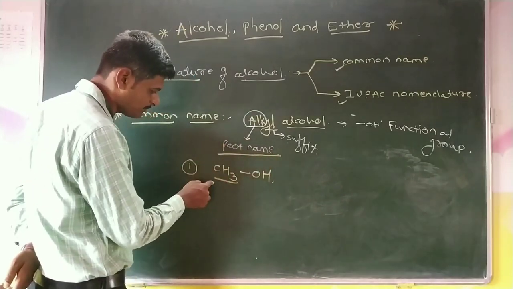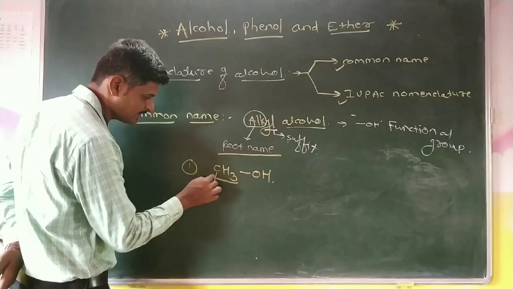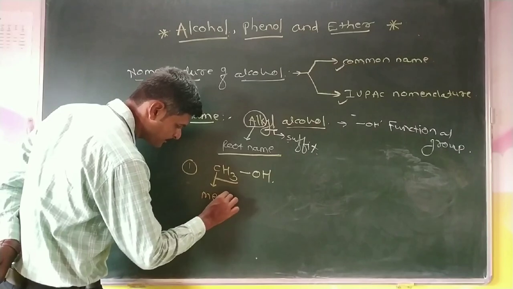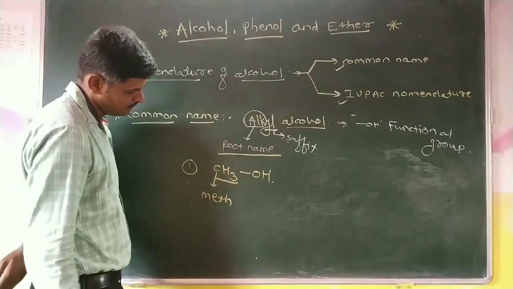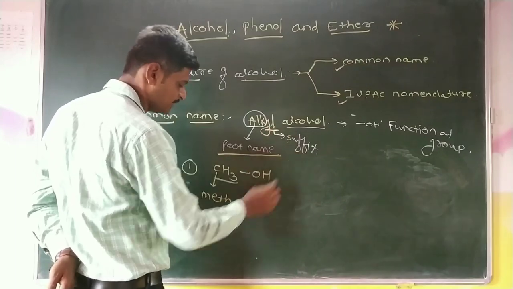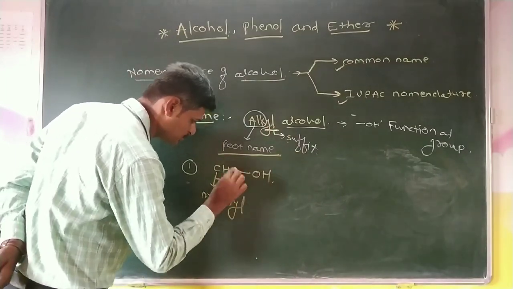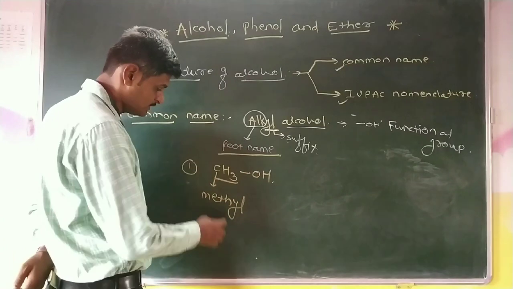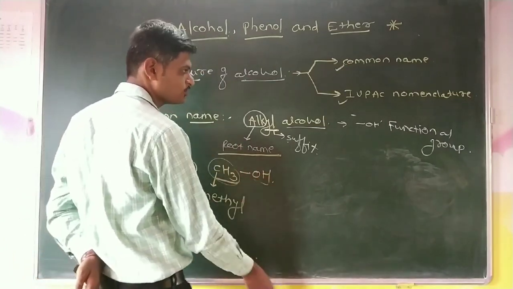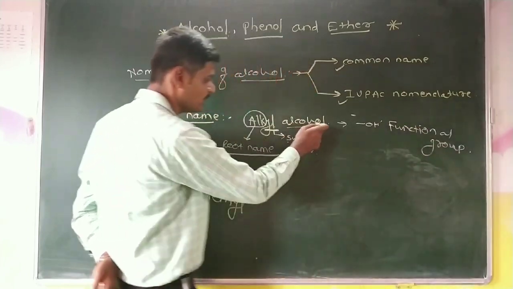In this case, one carbon atom is present, therefore the root name for CH3 is meth. This is a methyl group. This CH3 is named as methyl, and the OH functional group indicates the alcohol name.